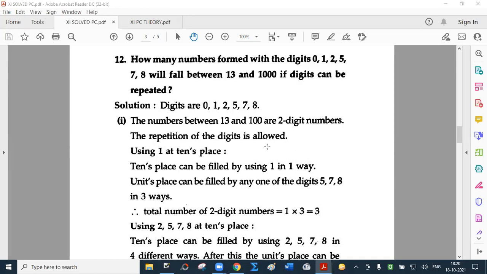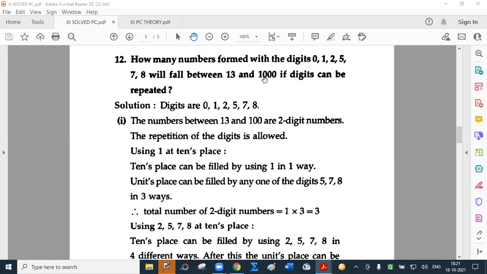The repetition of digits is allowed. So using 1 at tens place. Tens place can be filled by using 1 in 1 way. Units place can be filled by any one of the digits 5, 7, 8 in 3 ways. Therefore, total number of 2-digit numbers equal to 1 into 3 equal to 3.